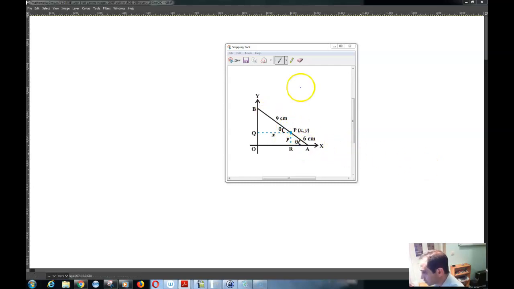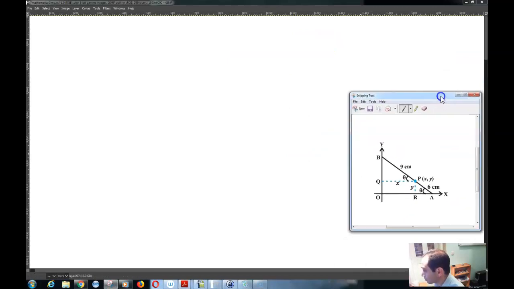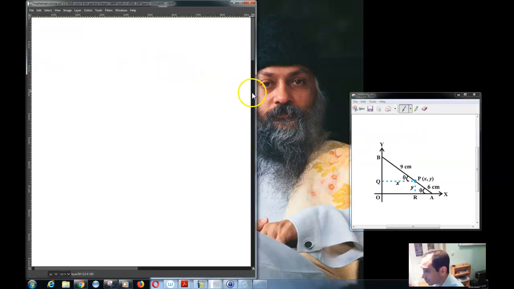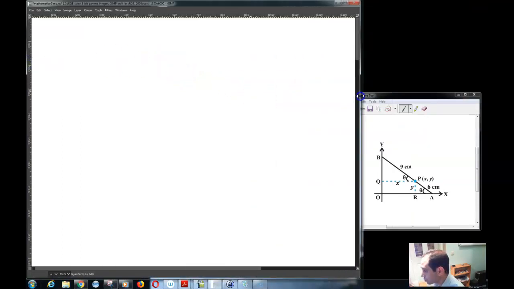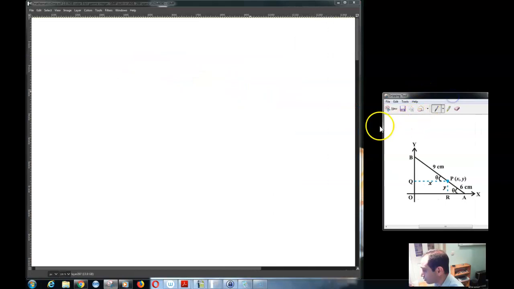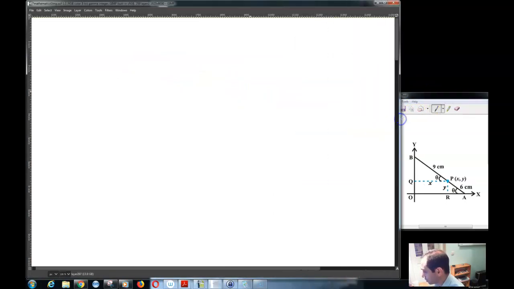And the solution is pretty straightforward if you know what the solution is. Otherwise, I don't really think it's easy to find the solution here. The solution is as follows.